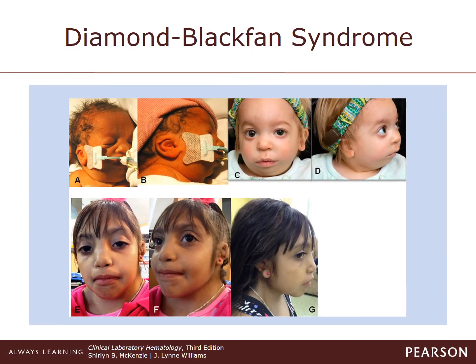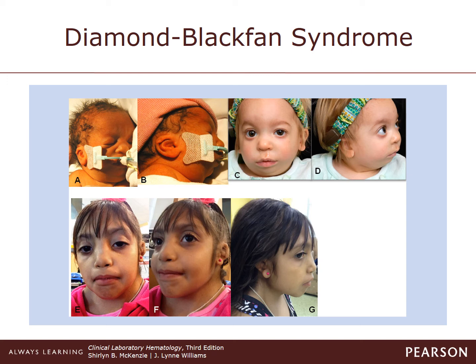Acquired types of pure red cell aplasia can be caused by viral infections, bacterial infections, or drugs or chemicals, similarly to aplastic anemia. Let's talk about an inherited form of pure red cell aplasia called Diamond-Blackfan syndrome.